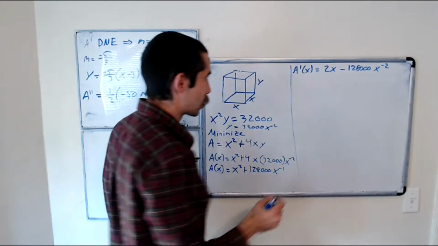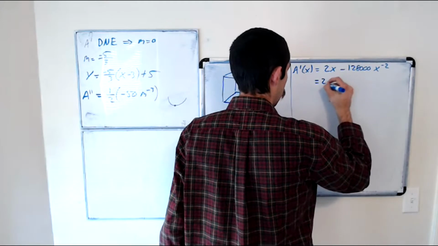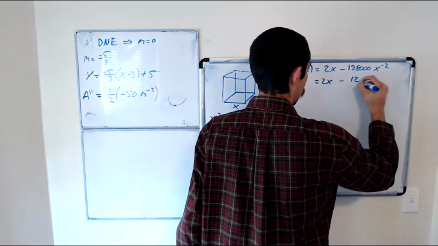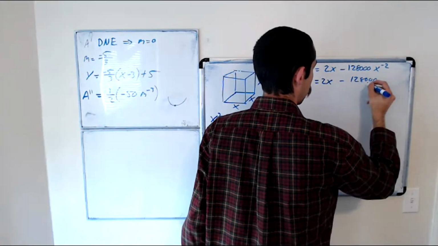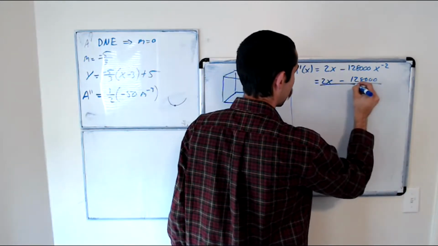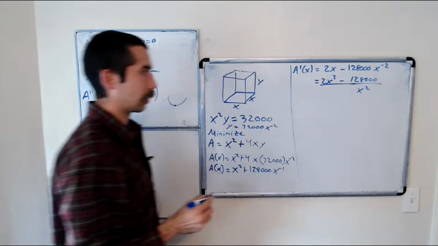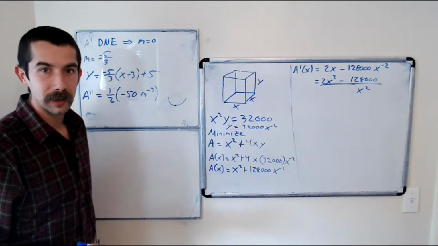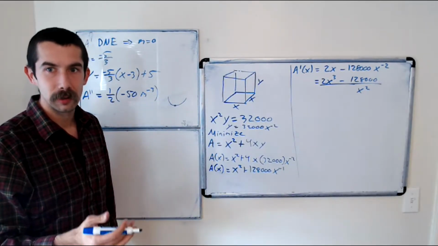Right, and this is 2x minus 128,000 over x squared, which we could get a common denominator and write it like this. Okay, so we want to check when is this 0, when is this undefined.